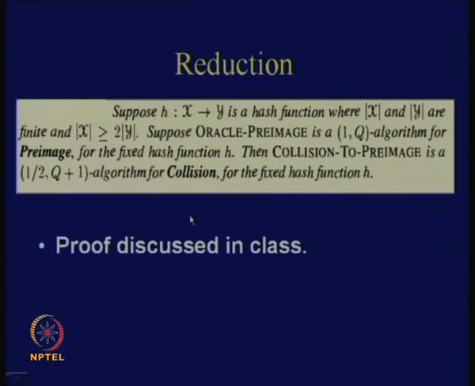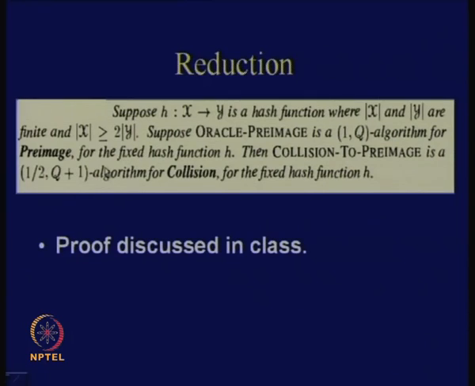Okay. So the result says that suppose h is a hash function where mod x and mod y are finite, and mod x is greater than or equal to 2 mod y, and suppose the oracle pre-image is a 1 comma q algorithm for pre-image for the fixed hash function h.